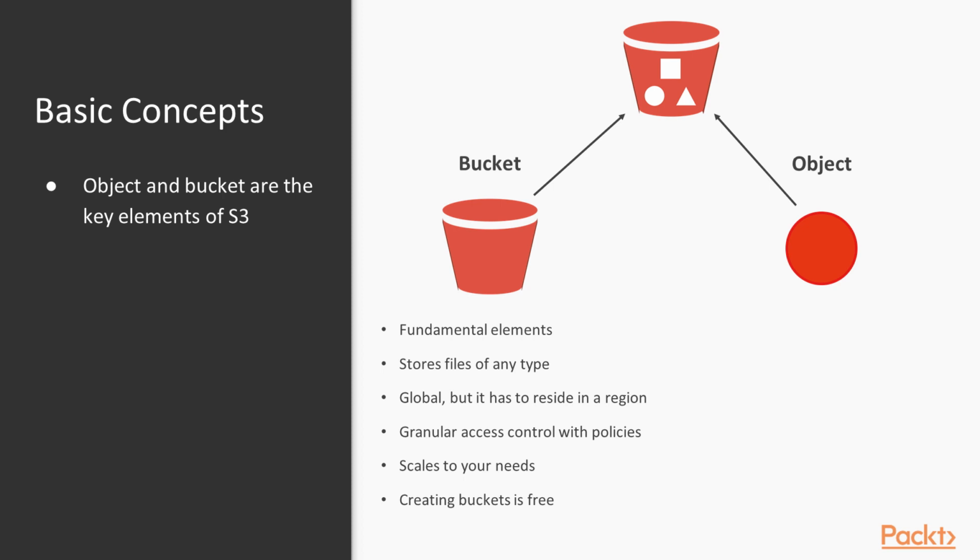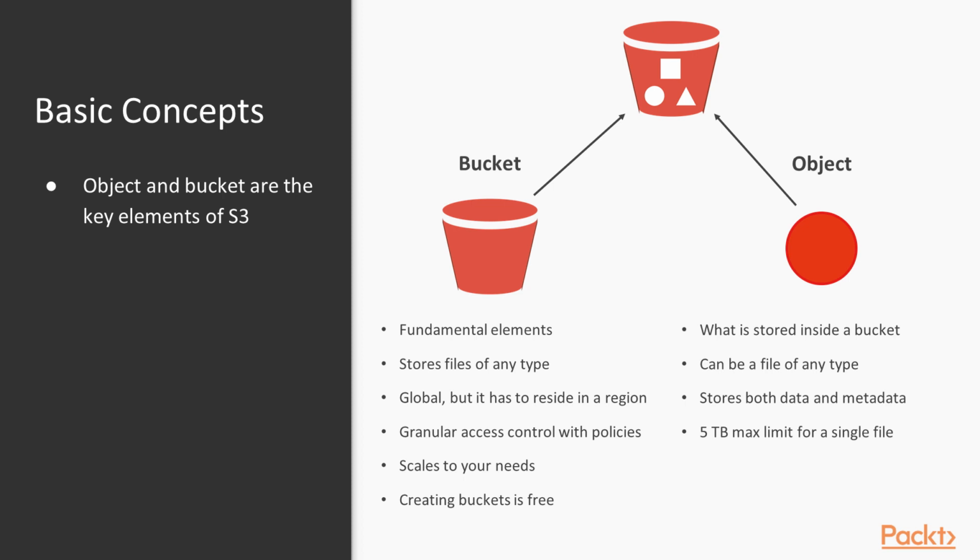On the other hand, objects are basically what's stored inside a bucket, the files that you store inside your bucket. And those files can be of any type. S3 stores not only the file itself, the bytes of the file, but also the metadata about the file, like the file type, creation date, modification date, and so on.